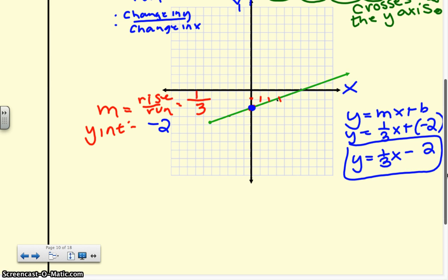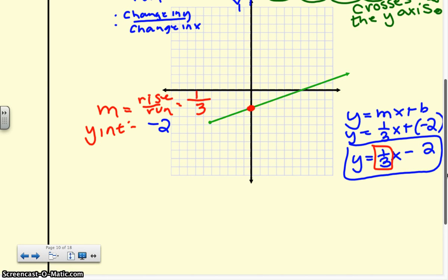Now let's make a connection here. Let's say I didn't know what this line was, and I wanted to graph it. Well, if I knew the y-intercept, that's a point I know. My y-intercept is -2. That means I am crossing my y-axis at -2. And I know my slope is 1/3.